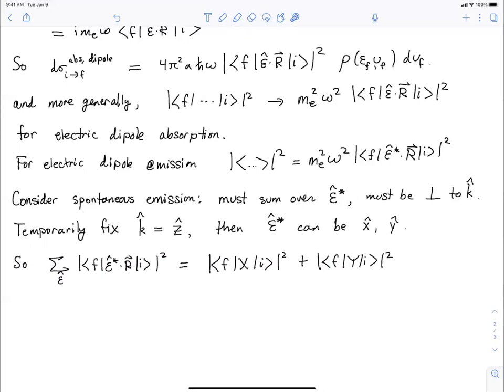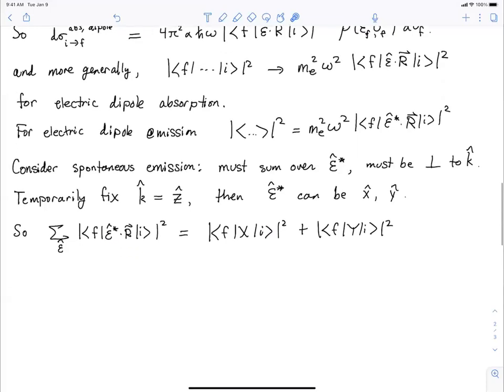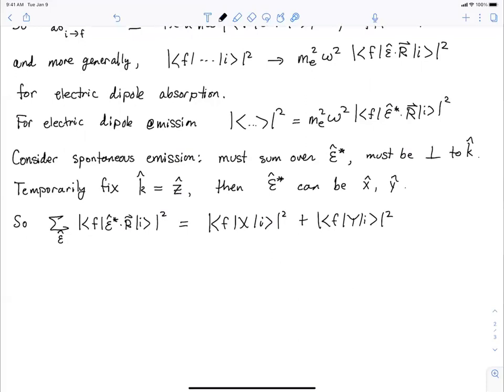Right, because when it's x hat, that's just saying let's take the x component, and when it's y hat, we'll take the y component. Okay, so that's what we get in the special case that k hat is along z hat.